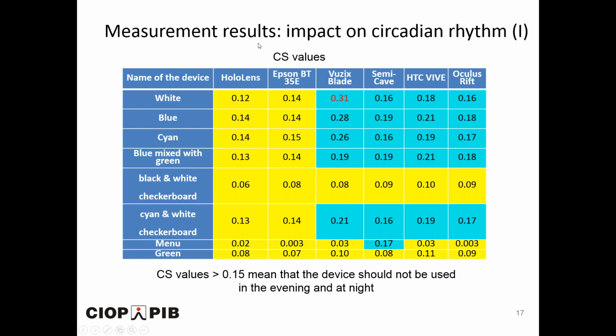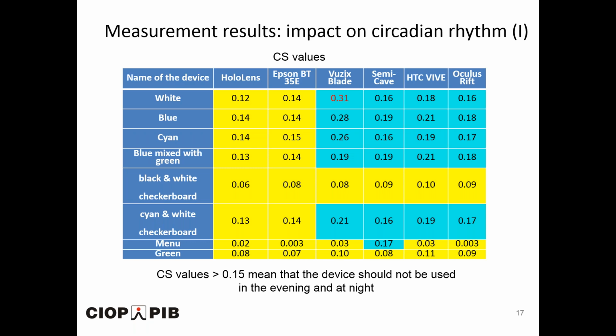So all these results are only for the AR system and VR system without any ambient light. If we add some more, there might be a problem, some risk, some impact on the circadian rhythm.